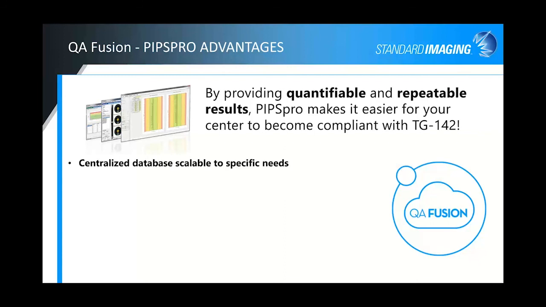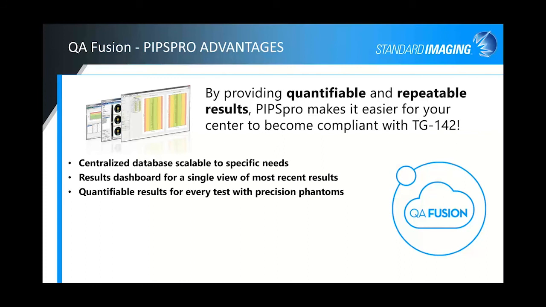PIPSpro has the centralized database, which is scalable to your specific needs. There's a results dashboard, which gives you a single view of the most recent results and their pass, caution, and fail status. Again, quantifiable results for every test with our precision phantoms and the CatFan. It's a very intuitive user interface for each component, very quick.